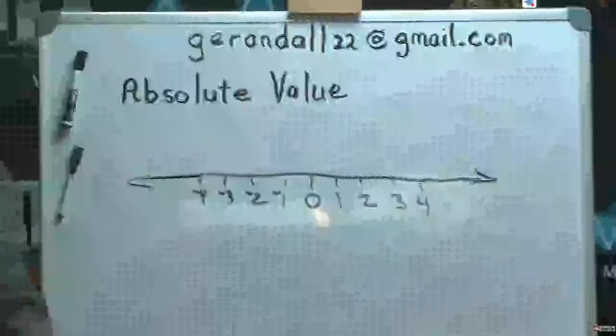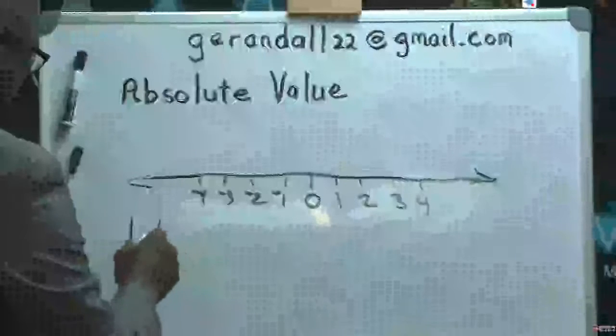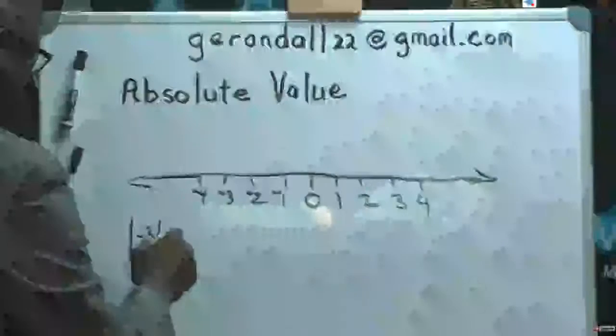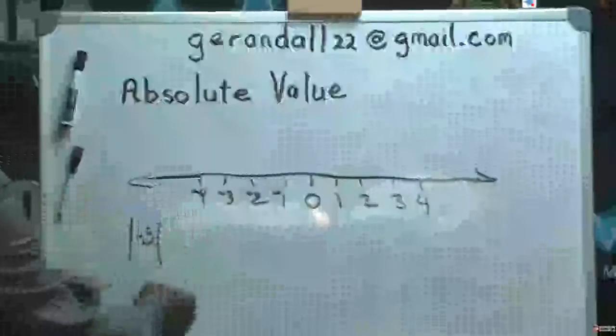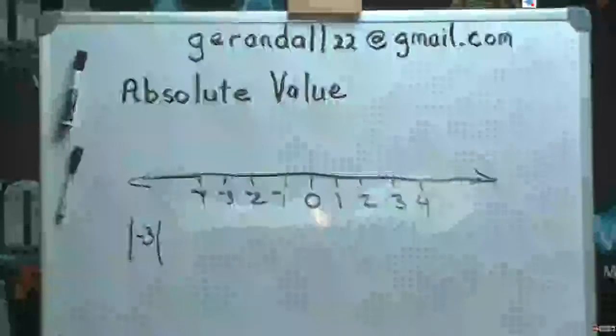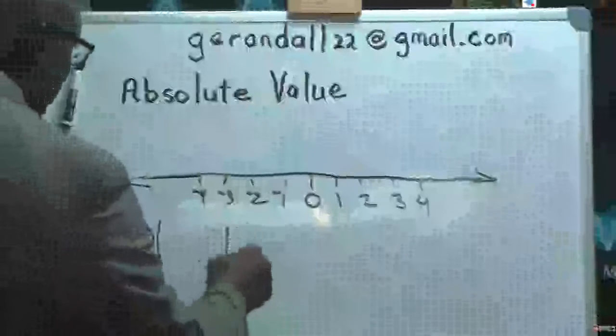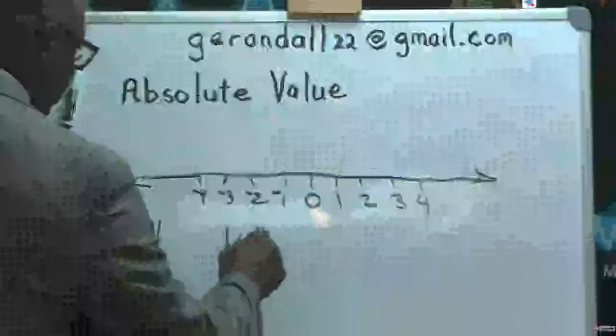And the symbol for absolute value is two straight lines, and it could be a negative 3, absolute value, and that says the absolute value of negative 3. Or you may have something that looks like this, the absolute value of 4.